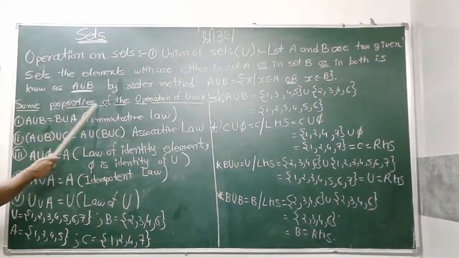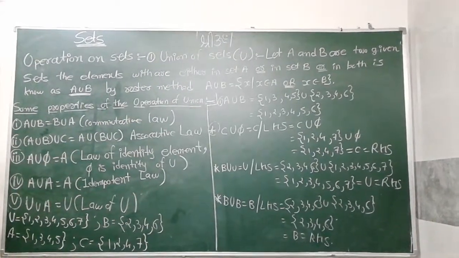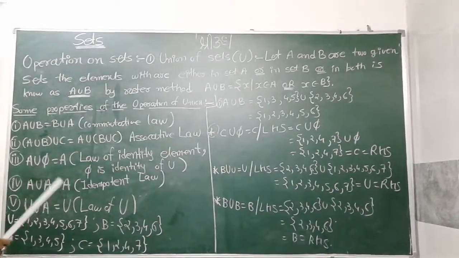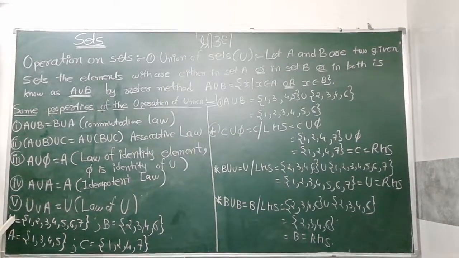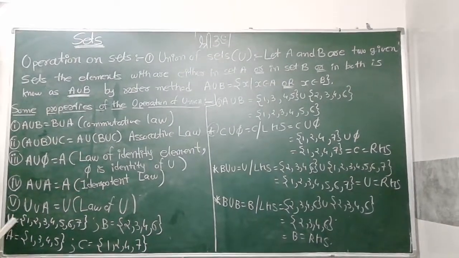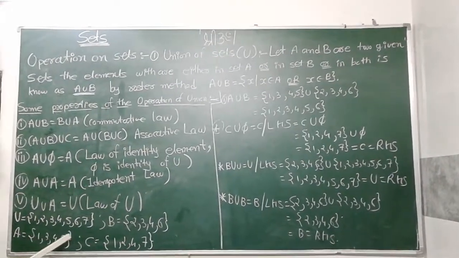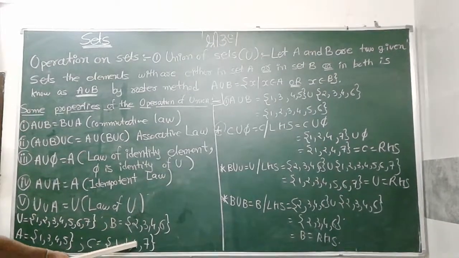Some properties of the operation of union are for three sets A, B and C, and a fourth one, the universal set. So what is the universal set? Here the universal set U is equal to {1, 2, 3, 4, 5, 6, 7}. A is equal to {2, 3, 4, 5}, B is equal to {2, 3, 4, 6} and C is equal to {1, 2, 4, 7}.